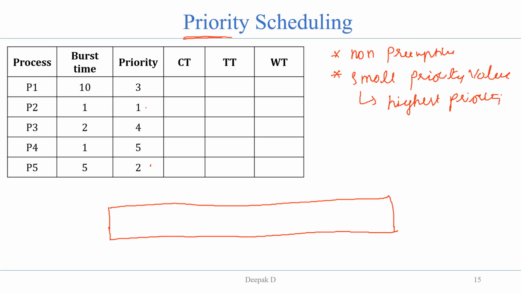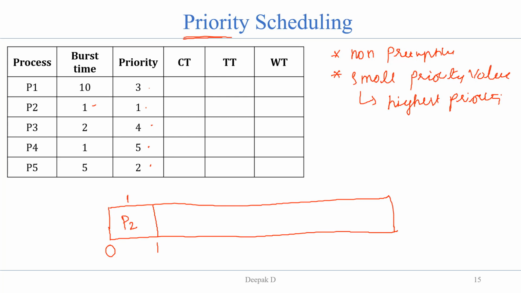Next is P5, then P1, then P3, and the last one is P4. Now you have to execute according to these priority values irrespective of the burst time. I start at 0, and P2 will be executed, and since it is non-preemptive, P2 will execute completely. What is the burst time here? 1. So 1 here, done. I am done with P2.